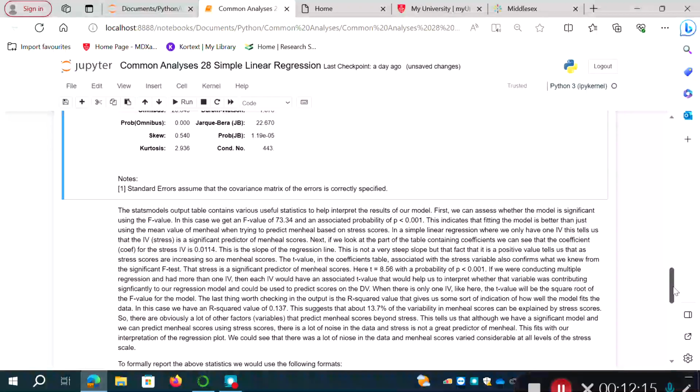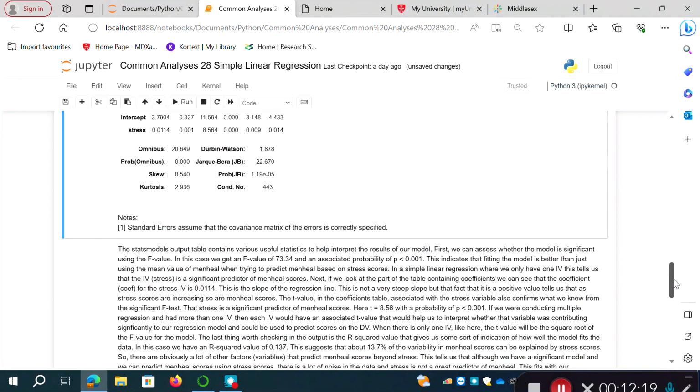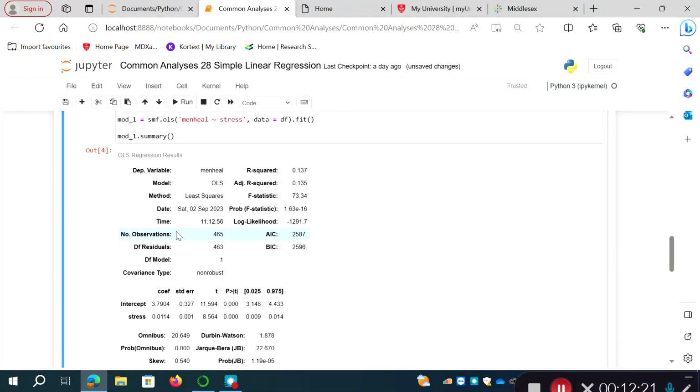What we're seeing from this output is we can firstly assess whether the model is significant using the F value, so that model fit table, this top bit here. So we can use this F value and the probability of the F statistic, which is very small. So we've got an F value of 73.34 and a p-value of 1.63 times e to the negative 16. So it's a very, very small number.